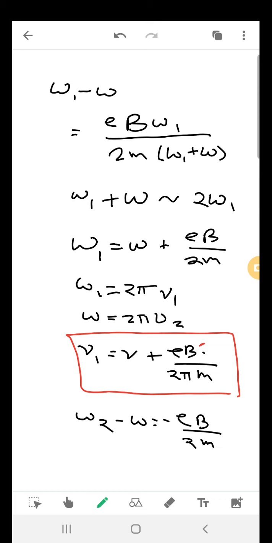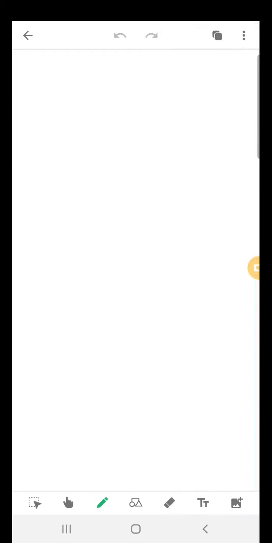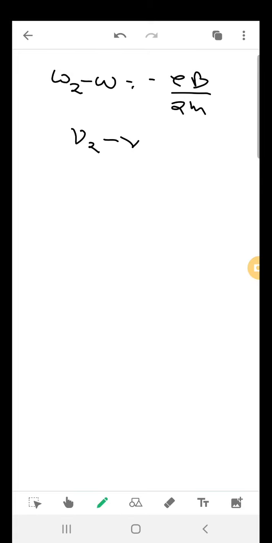Here we consider that omega 2 plus omega is equal to 2 omega 2. So we obtain omega 2 minus omega is equal to minus Be by 2m, and nu2 minus nu is equal to minus Be by 4 pi m.